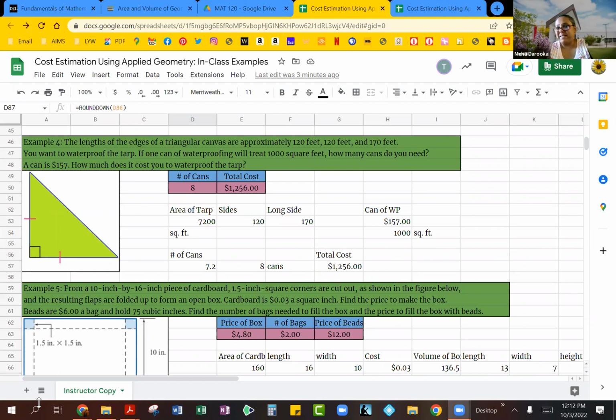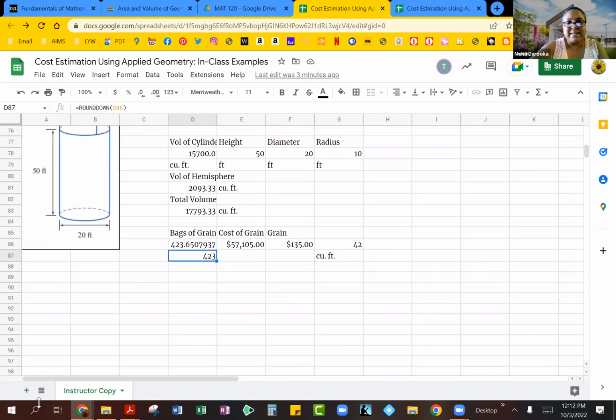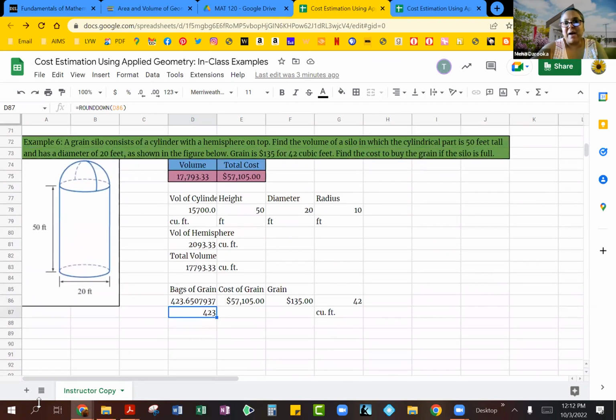So in this one, it made sense to round up. But then in the silo example, because like I said, you have a limited capacity, we cannot go over capacity, and that's why we rounded down. So it really just depends on what example you are looking at and what you're going to end up with.